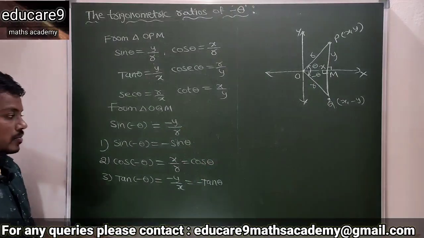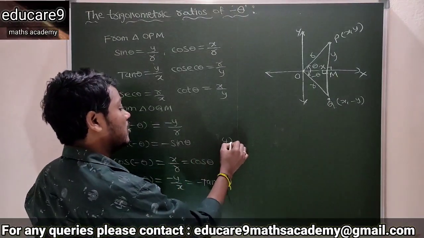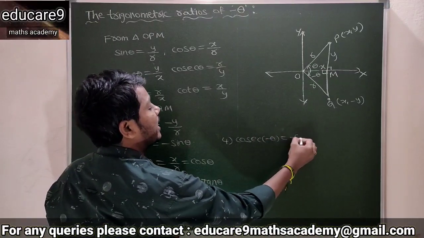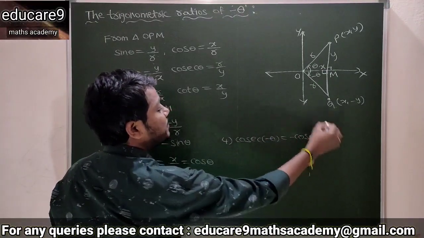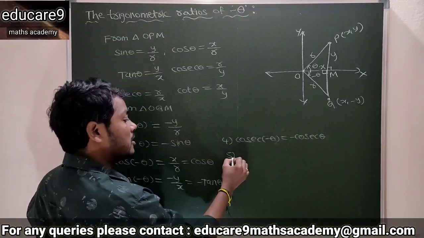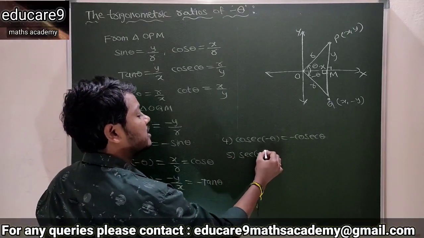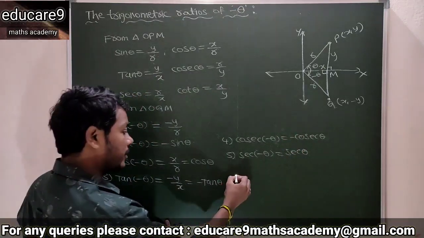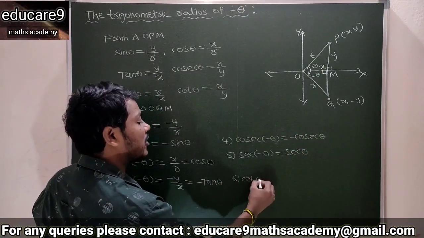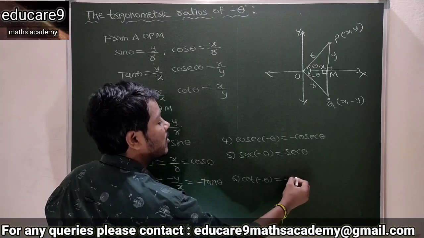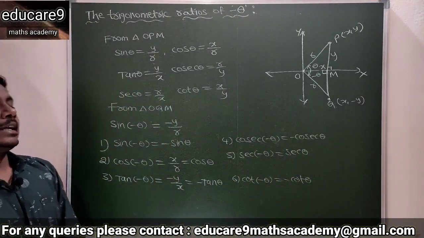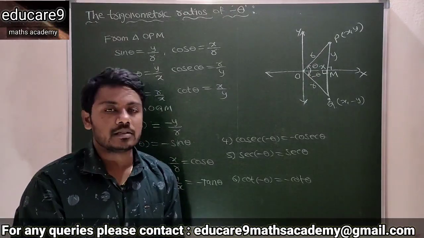Okay. So similarly, cosec of minus theta is minus cosec theta. Next, sec of minus theta is sec theta. Next, the sixth one, cot of minus theta is minus cot theta.